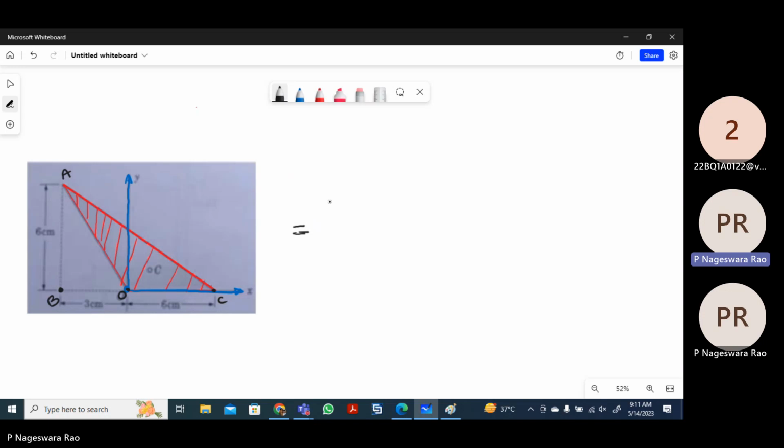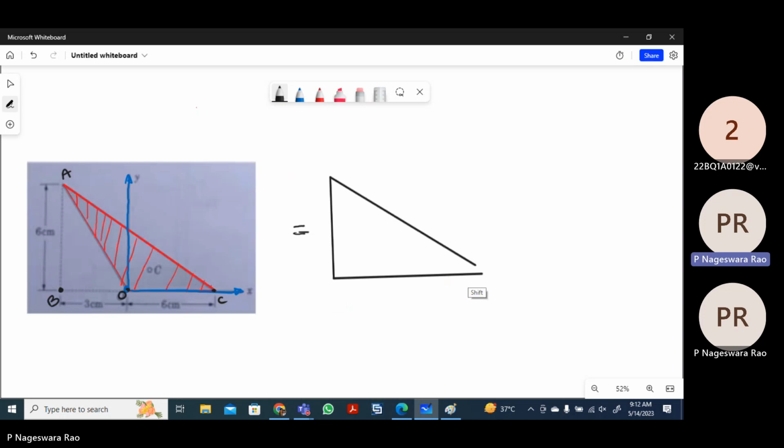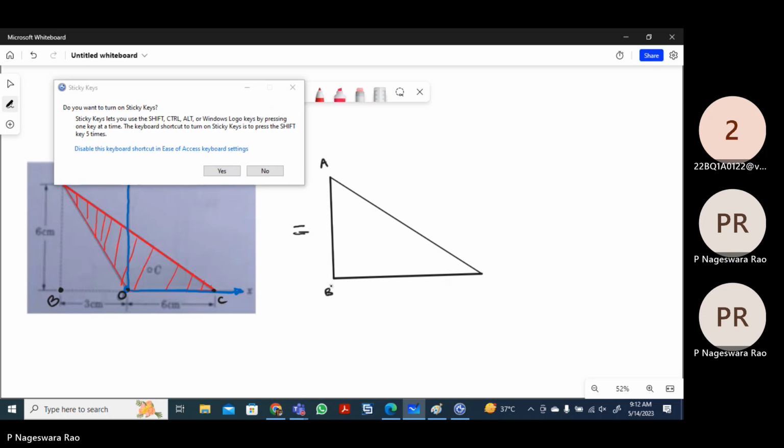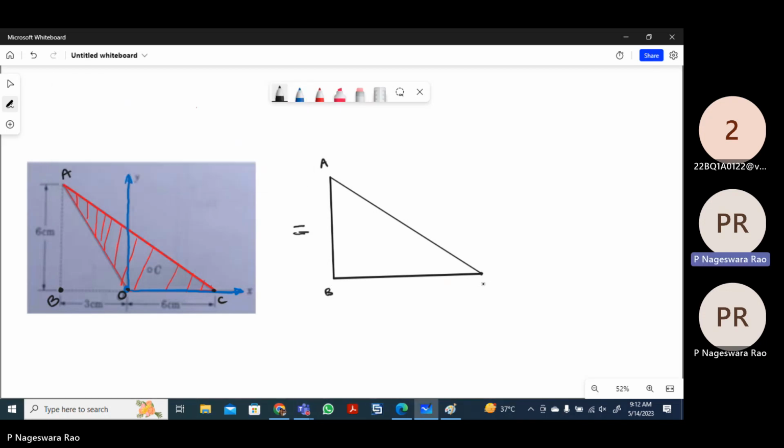Now take the larger triangle ABC. This is the triangle ABC.